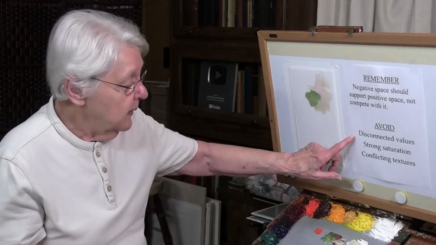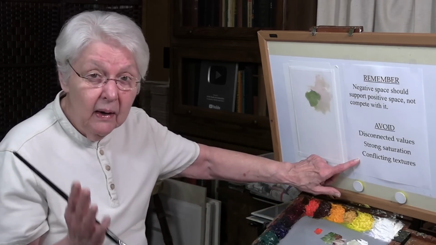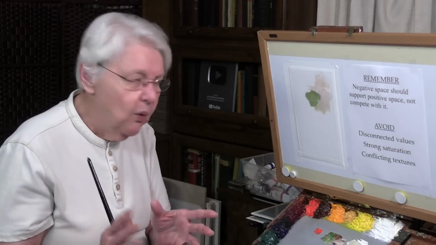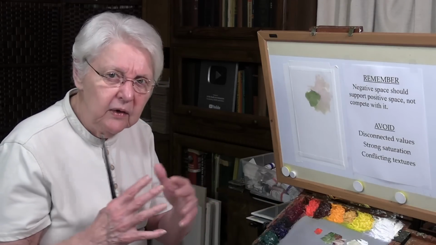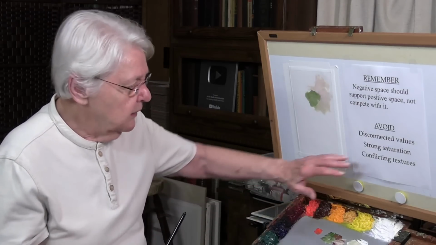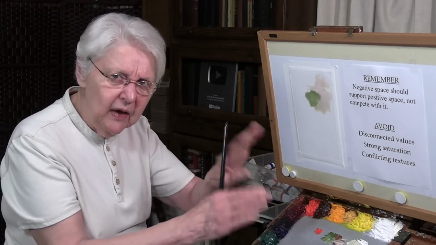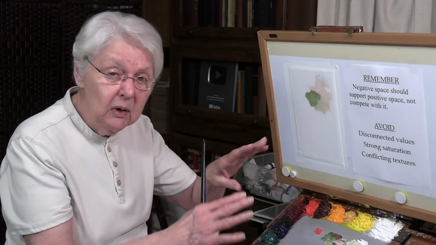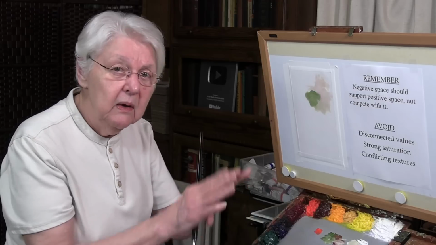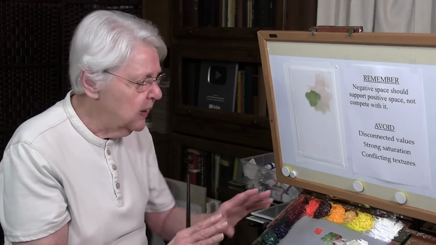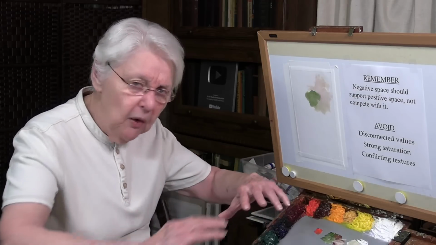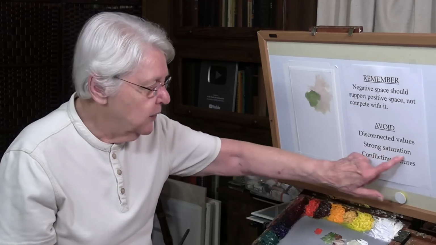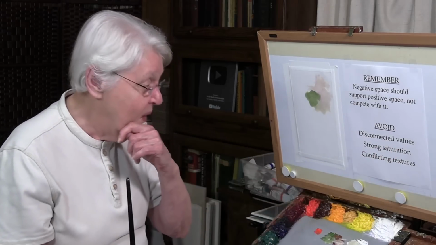So here are three things I advise avoiding, and if you avoid those three things, then you should be good. Avoid disconnected values, which I talked about. You don't want those values to contrast with each other in the negative space, because contrast is going to compete with the contrast in the positive space. So you want them to merge one into the other. Avoid strong saturation, as I said before.